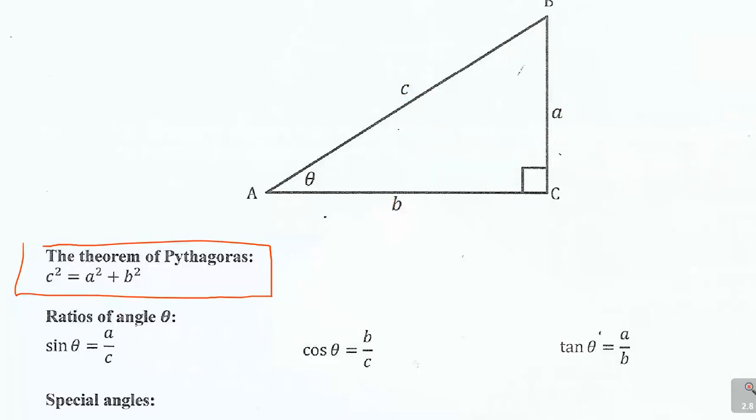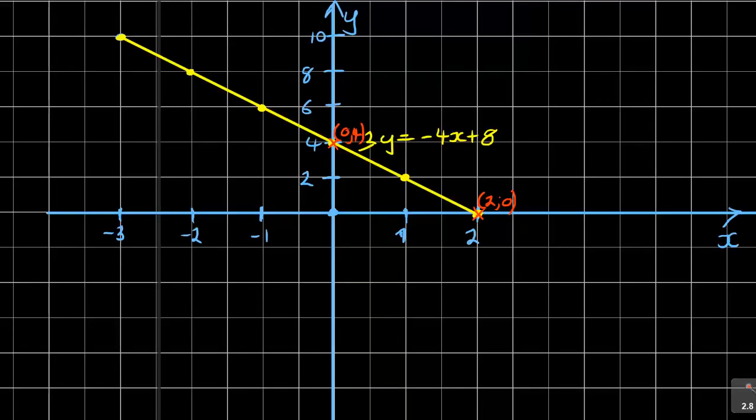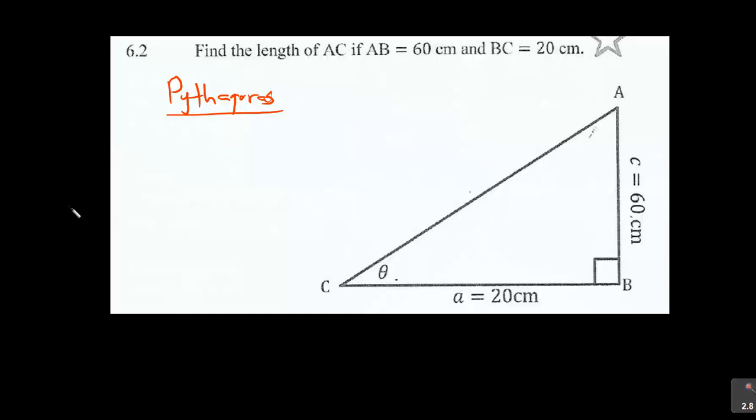So that's what we're using there. How do you name the triangles? They call this C, they call this A, so this I'll call B. So it means B squared is equal to A squared plus C squared.